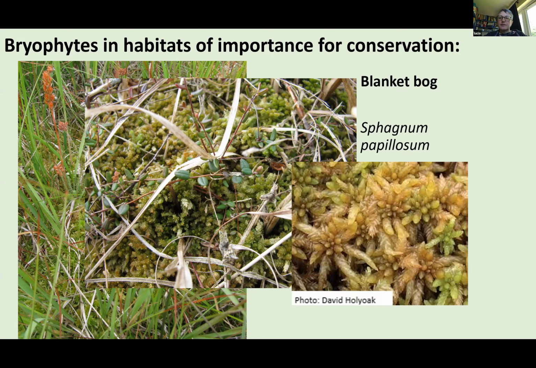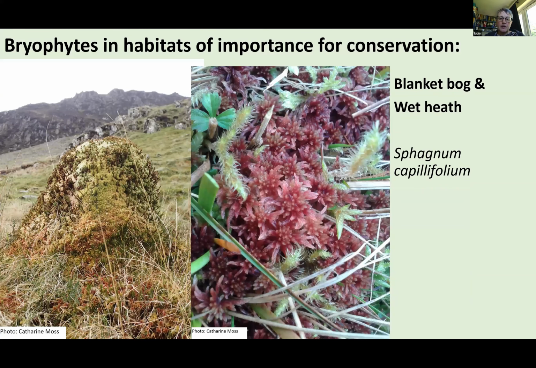Another nice peat building sphagnum is Sphagnum capillifolium, and this you also find in wet heath, not just in blanket bog, and it does create these fascinating tight hummocks like in the picture here. So in wet heath and in blanket bog, it can create these really tight hummocks.